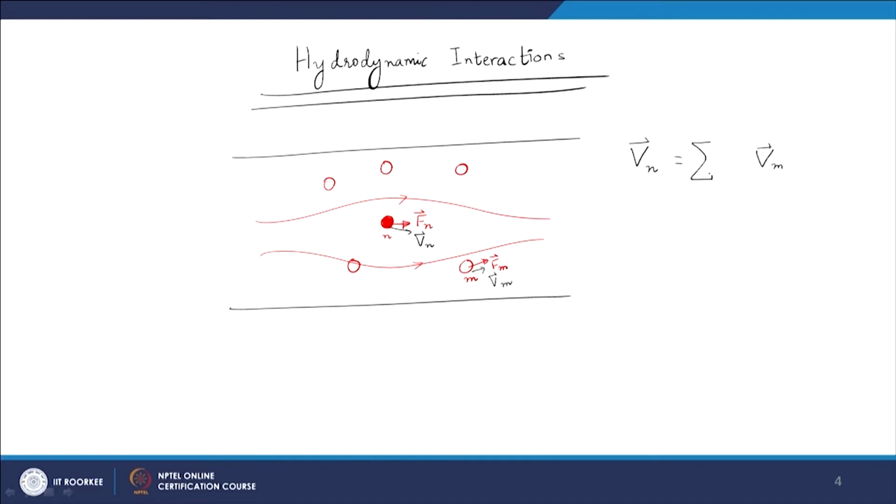That is, we must sum over all the m values, going over all beads, and the coefficient of that relation is what is known as a mobility tensor. So, it must be a tensor because a tensor dotted with a vector would give you a vector. This quantity is called a mobility matrix.